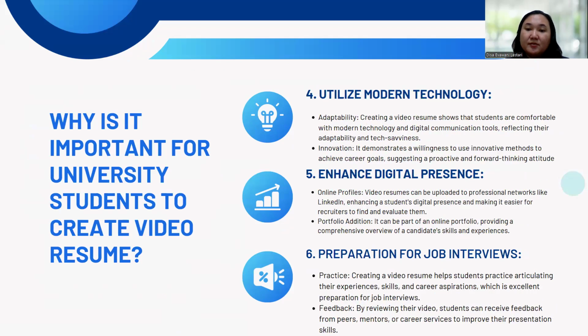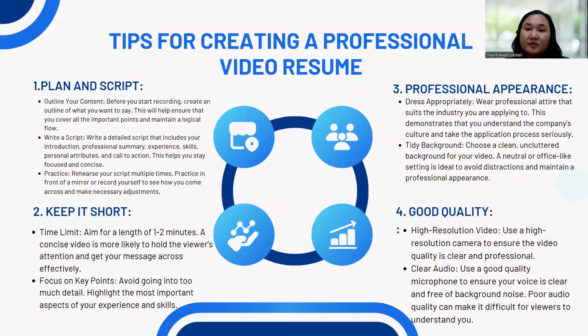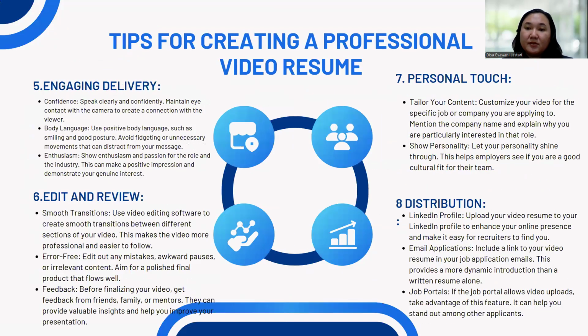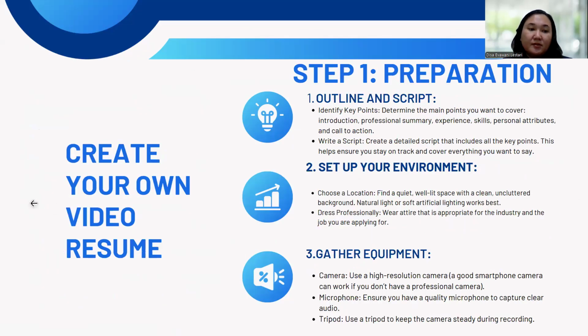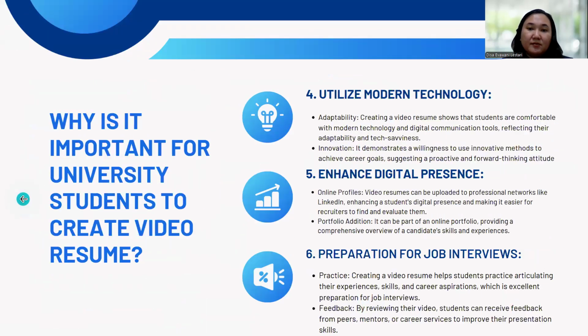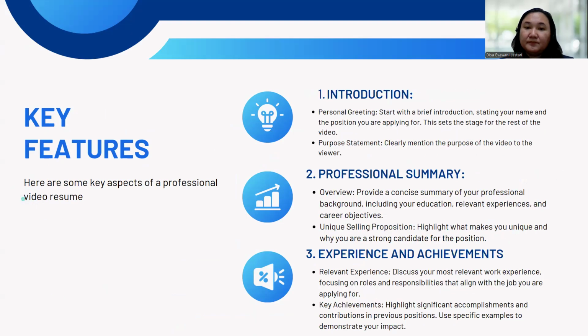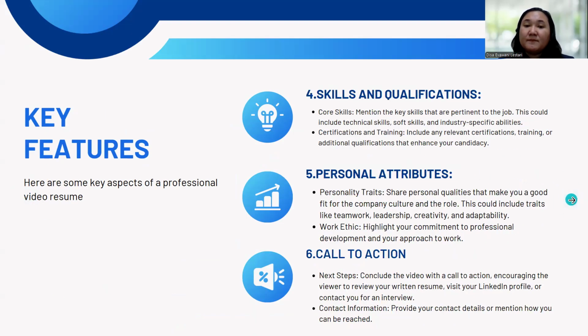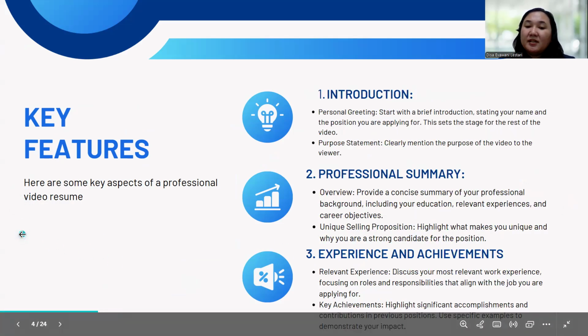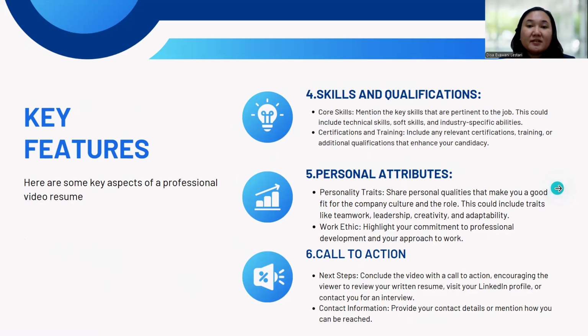Okay, let me go to this. Okay, this one. So when you talk about the third one, experience and achievements, as well as skills and qualifications and personal attributes, we often do this in one section.